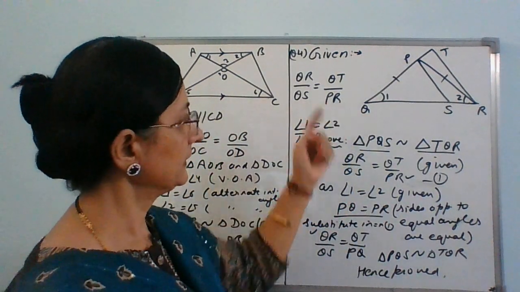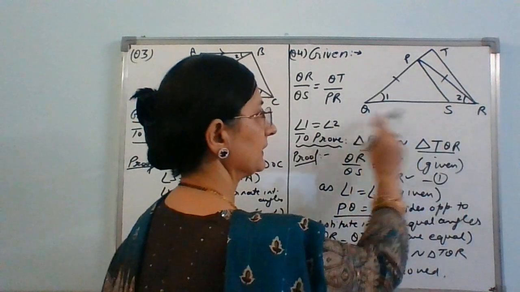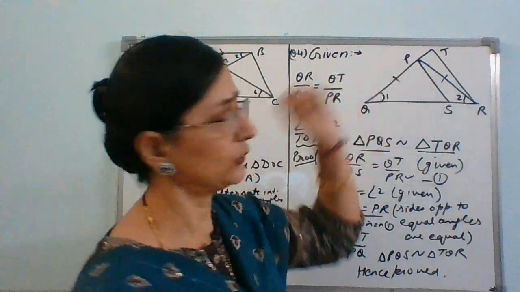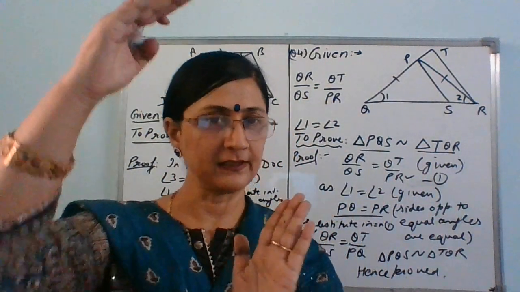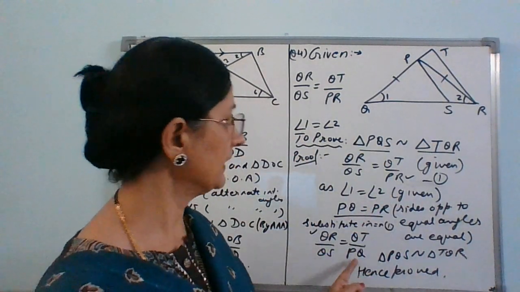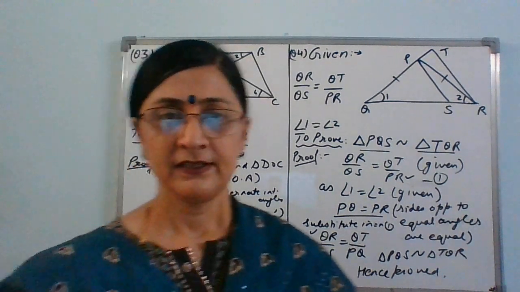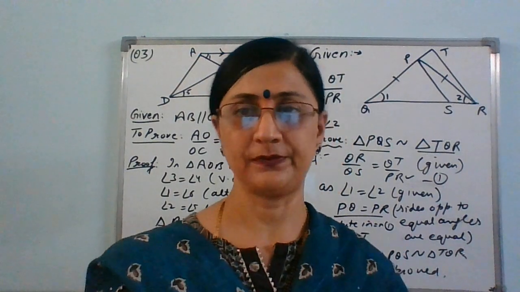Then this ratio of two triangles comes: the side of the bigger triangle upon the side of the smaller triangle, and this side also of the bigger triangle and the smaller triangle. We only had to replace PR with PQ because 1 is equal to 2. So I've completed question number 3 and 4. Now let us do the 5th one.